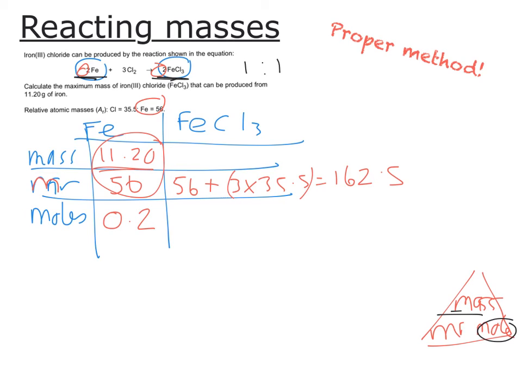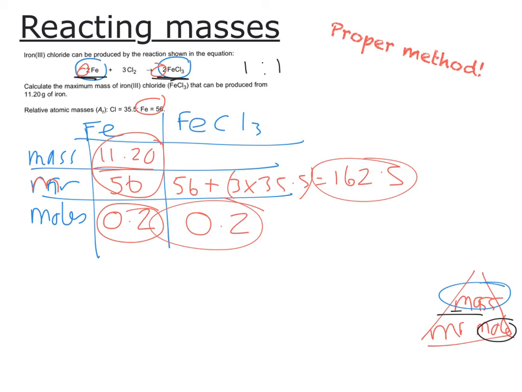But we haven't got 1 mole and we haven't got 2 moles. In fact, what we have got is 0.2 moles. And because it's a 1-to-1 ratio, we can then say that 0.2 moles of iron chloride are produced. So now we've got 2 bits of information for our iron chloride, so we can use these to work out the mass. Going back to the triangle, to work out mass, it's MR multiplied by moles.